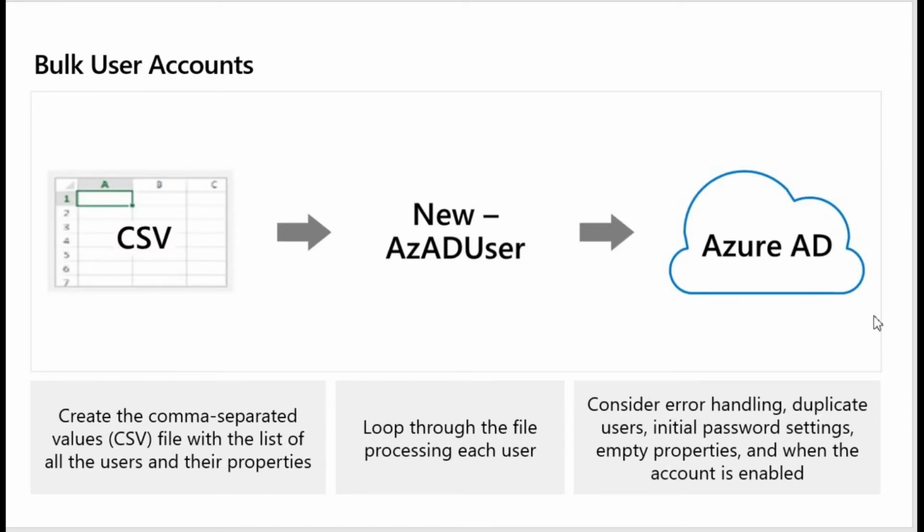You can import bulk users to the cloud as well, with a CSV file, yes, a comma-separated value file with the list of all users and their properties. Loop through the file, processing each user. Consider error handling, duplicate users, initial password settings, empty properties, and when the account is enabled.